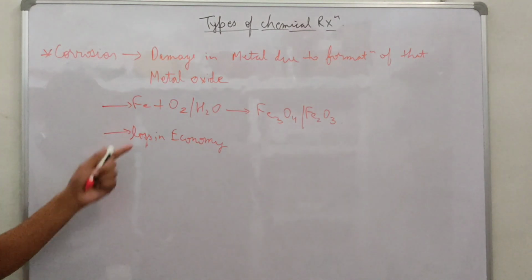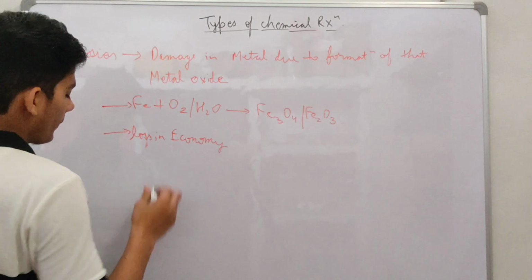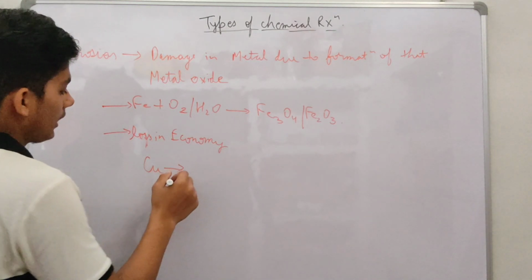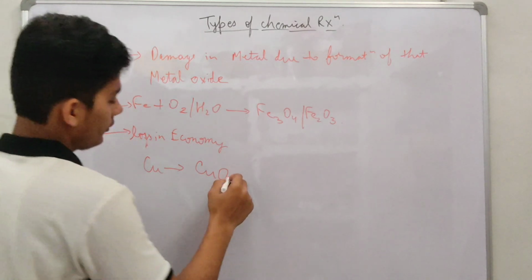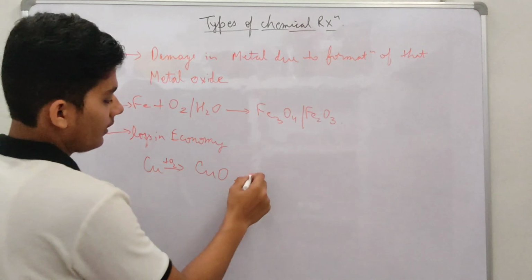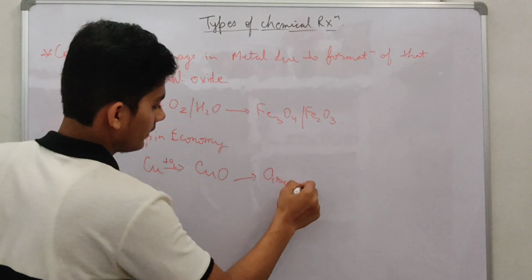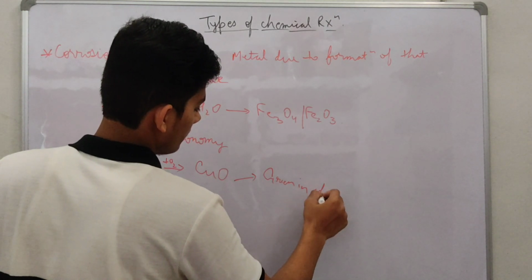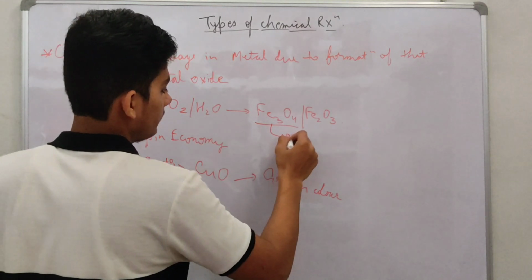In iron, Fe3O4 and Fe2O3 are formed. Copper also undergoes corrosion, and it forms CuO, which is green in color. Here the color of this rust is brown.